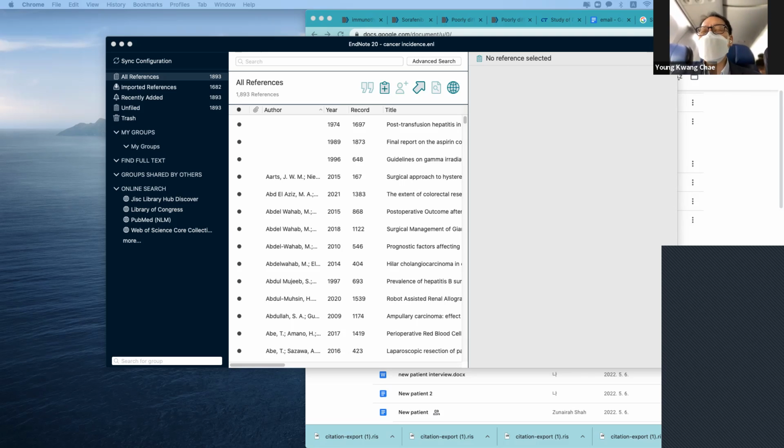So again, this is a niche. No one has published a general overall cancer incidence meta-analysis, and this is what happens. They will look for papers, and some papers will show contradicting results.